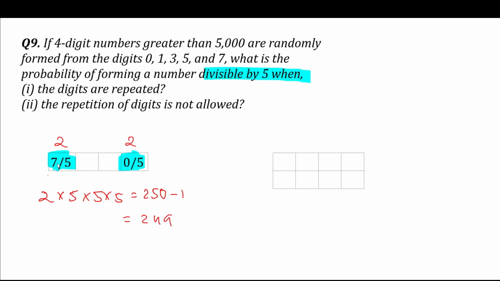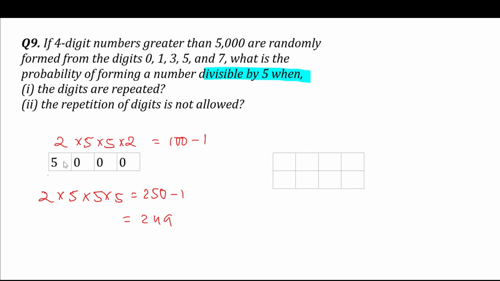Now for the remaining, as you know, repetition of the digits is allowed. So we can write 5 and 5 for these two slots in the middle. So it comes out to be how much? 25 into 4, that is 100. But once again, here also we have to subtract 1, because by placing 5 over here instead of 7, and out of 0 and 5 placing 0, we will have one such number, 5,000.